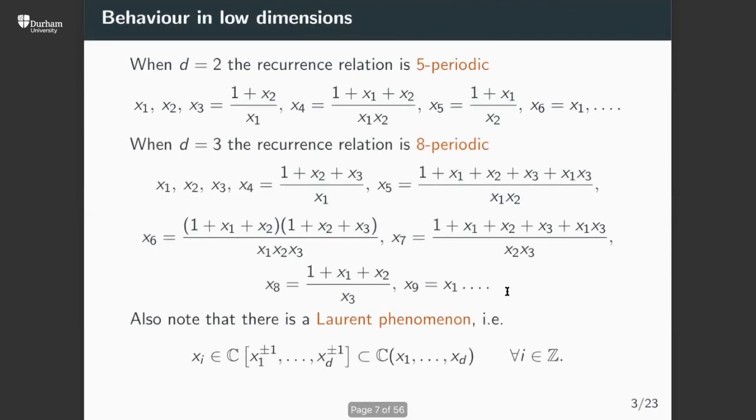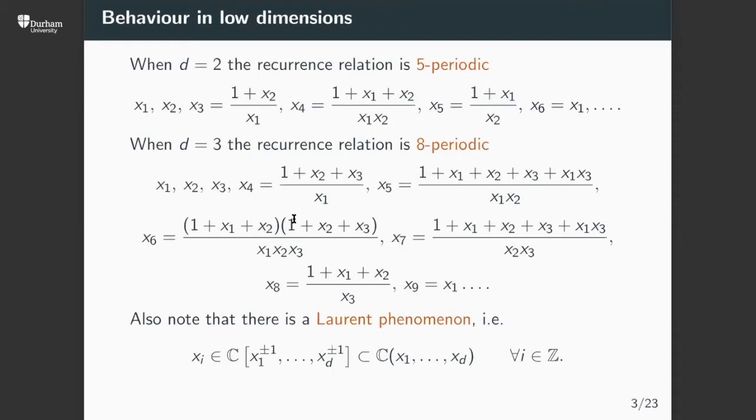And also for these two cases, when d is 2 or 3, notice that these sequences have something called a Laurent phenomenon, which is that all of these terms, so x1 up to x5 or x1 up to x8 in the d equals 3 case, are all Laurent polynomials in the first d variables, which means that the denominator is always a monomial.